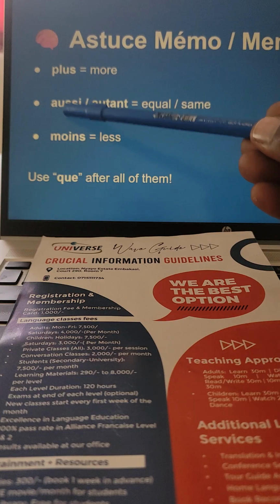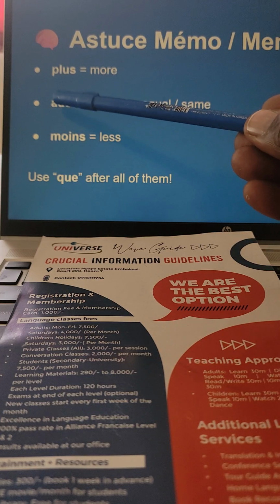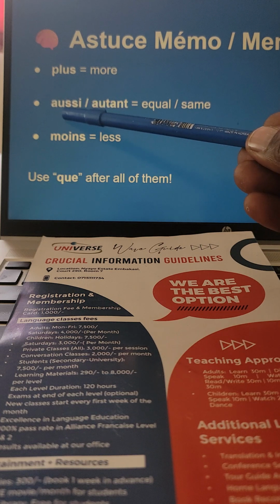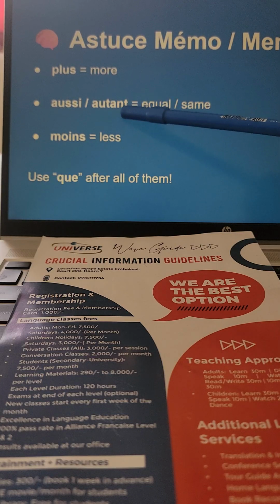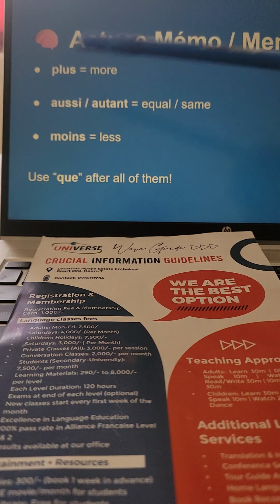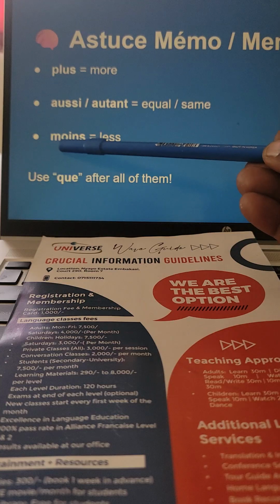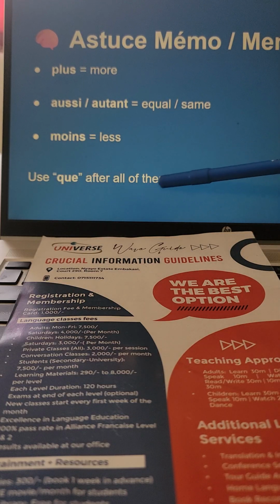You remember aussi, we only use aussi when we are comparing using an adjective or an adverb. When you compare using a verb, we go for autant que. When you go to nouns, you add autant de, then que. So remember those rules. Moins, less. Then use que after all of them.